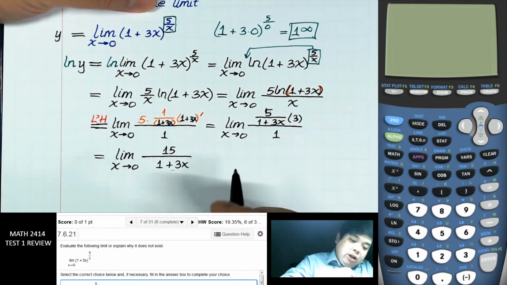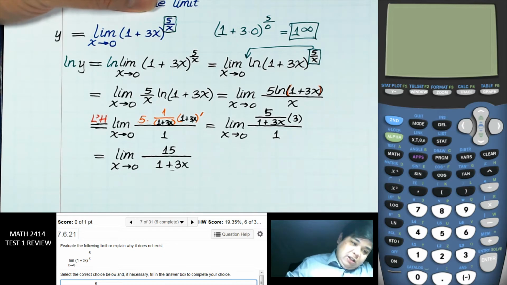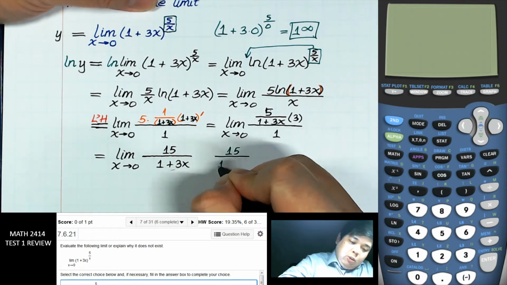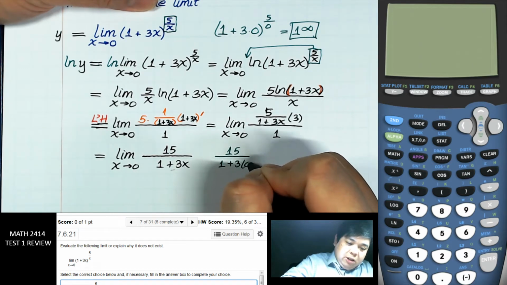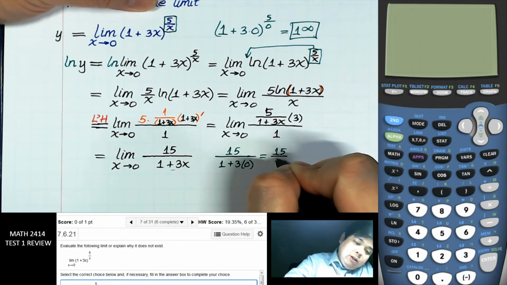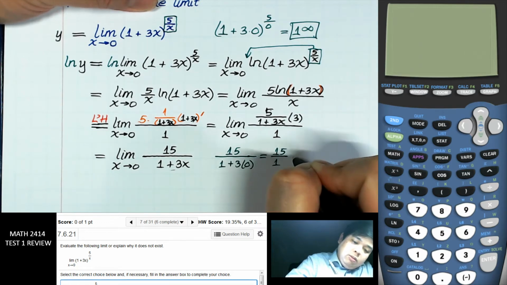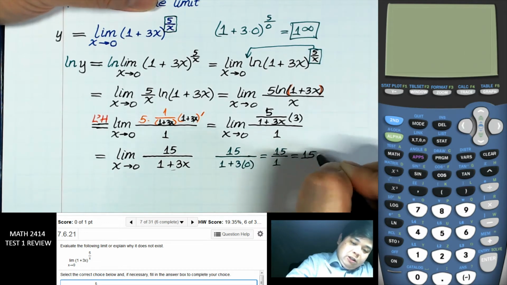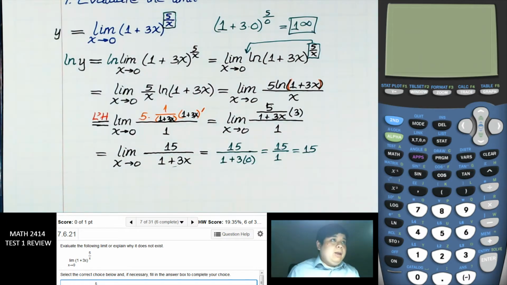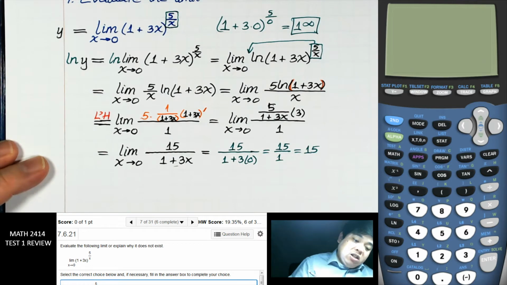Next we're going to put 0 into x. 15 over 1 plus 3 times 0. That's just 15 over 1, or 15. And we make the limit equal to that. Alright, that is not the answer though.